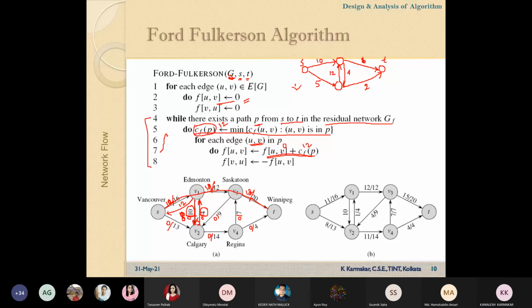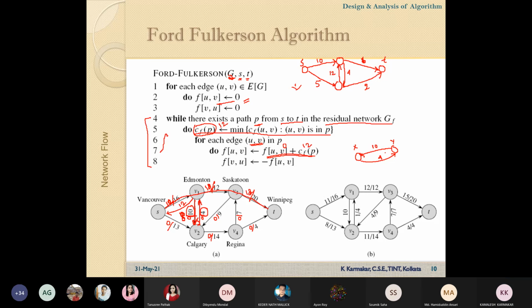In this direction, I am just assuming this is X, this is Y. Y can send 10 unit data, X can send 4 unit data.